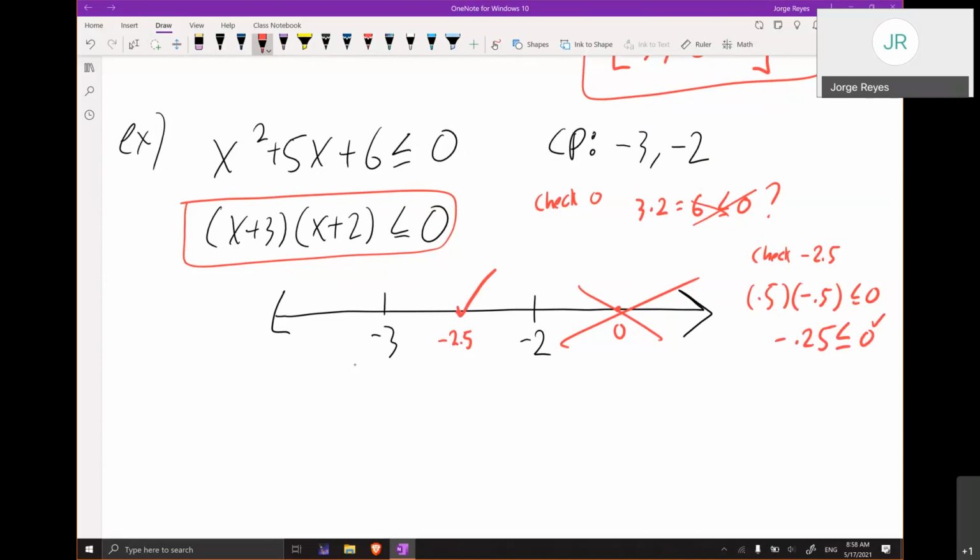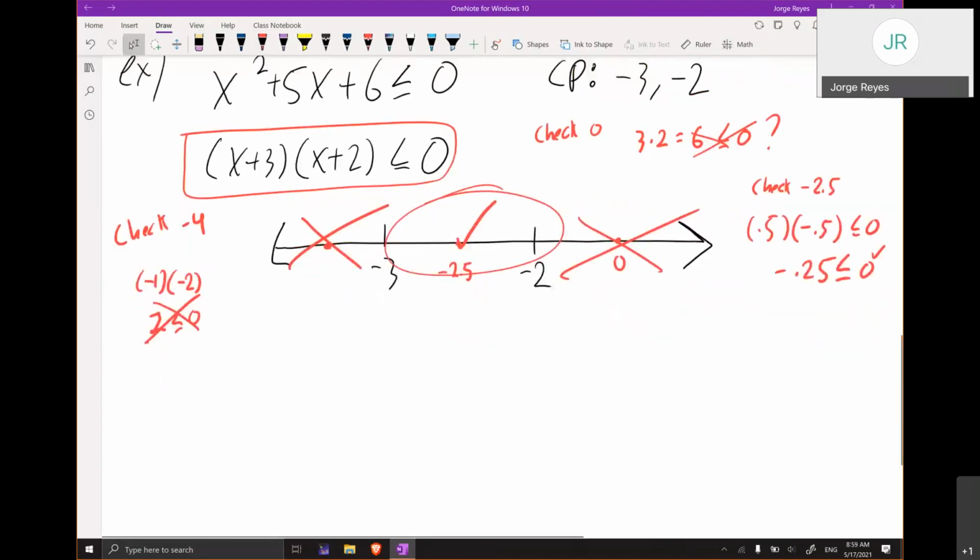And now I have to check over here. I'm going to check negative 4. I plug in negative 4, and I get negative 1 times negative 2. That's positive 2. And that's not true, so this is not our answer. So this is our answer, and that interval is negative 3 to negative 2.